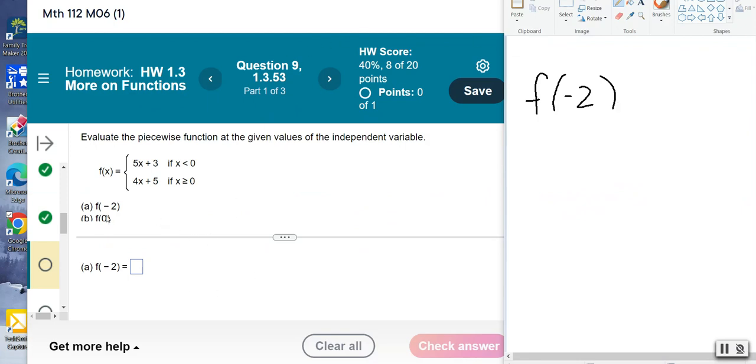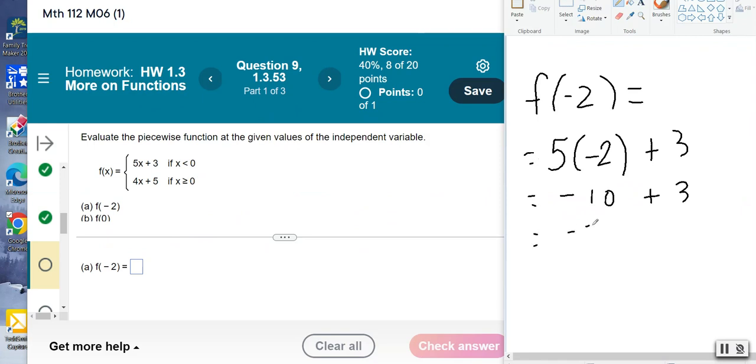So let's see, negative 2 is in this piece because it's less than 0. So I would say 5 times negative 2 plus 3 is negative 10 plus 3, is negative 7.